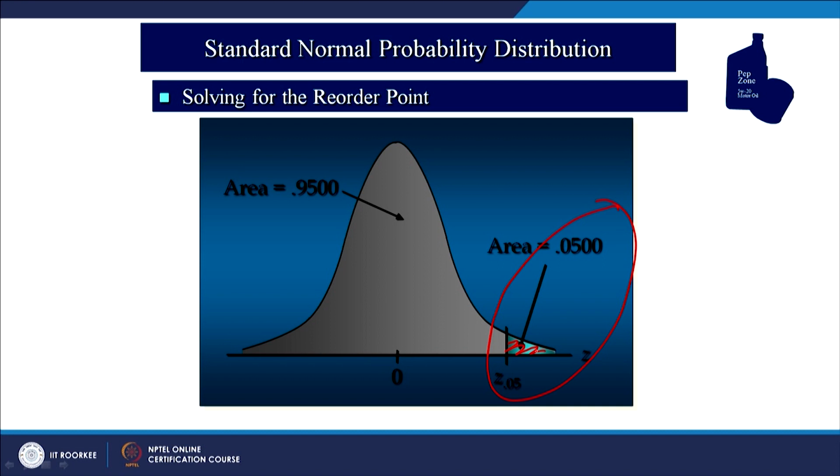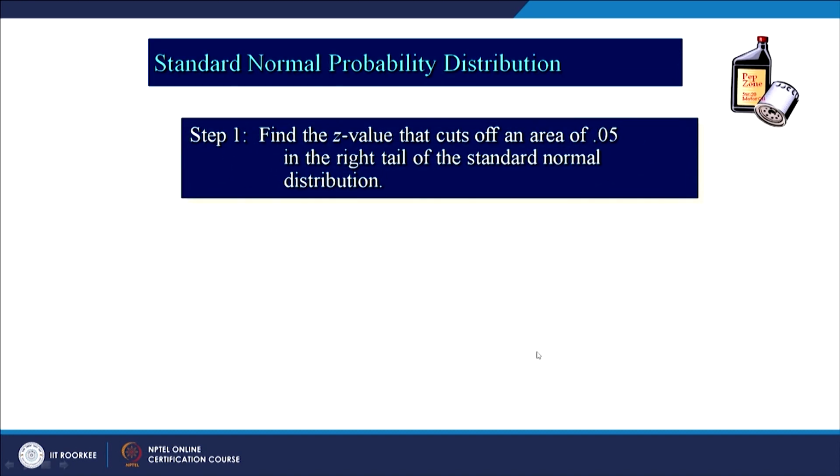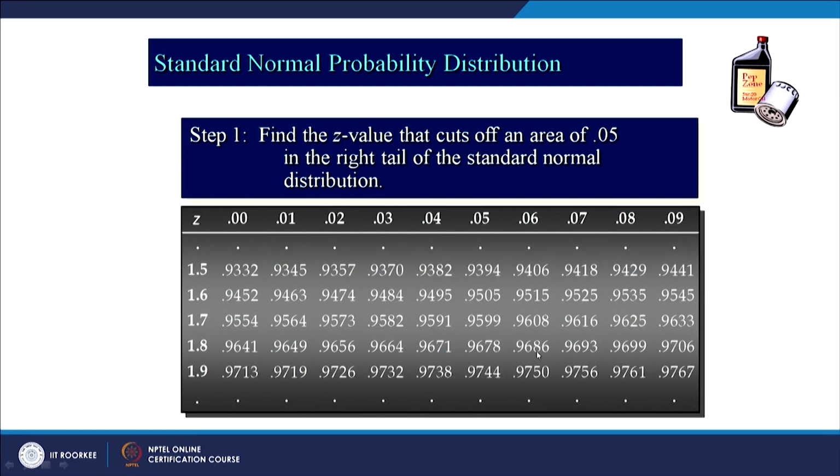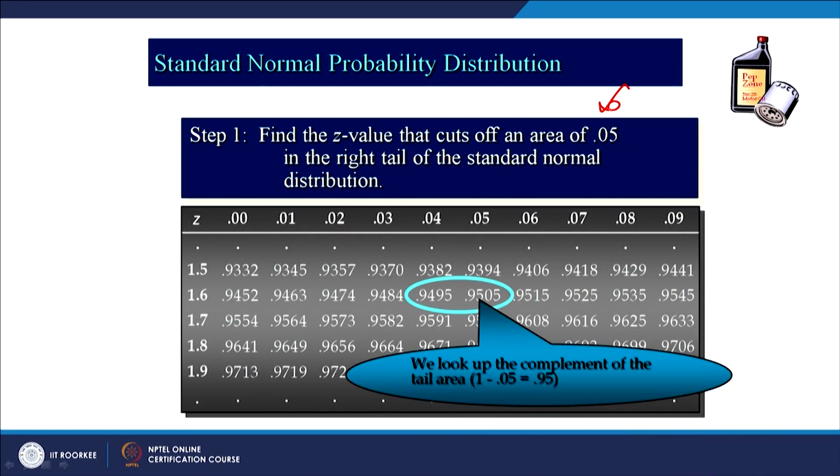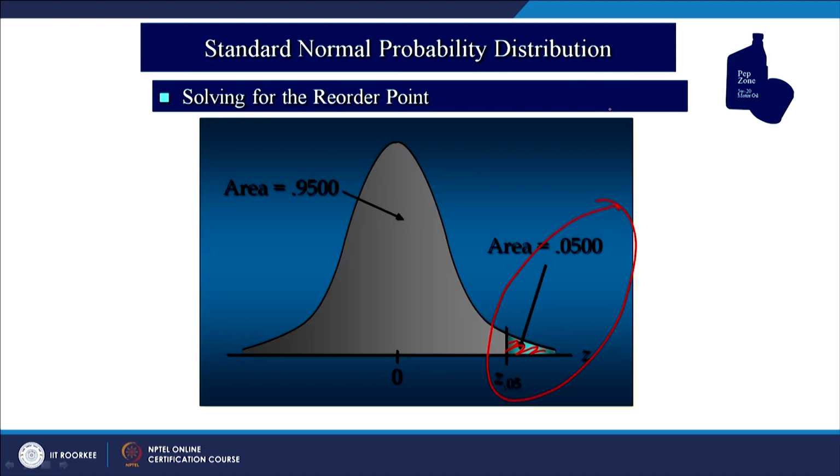This is 0.05. Now, find the z value that cuts off an area of 0.05 in the right tail of the standard normal distribution. So, you need to look at what the z value is when the area is 0.9500.